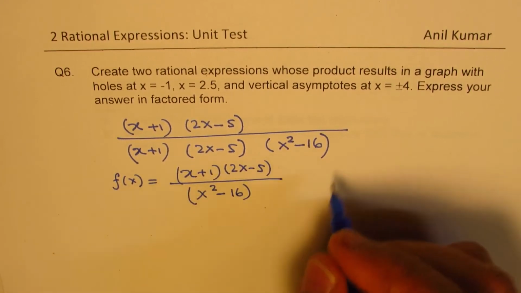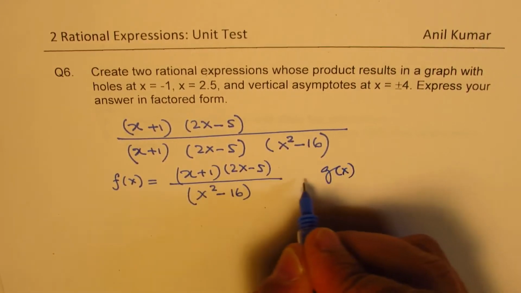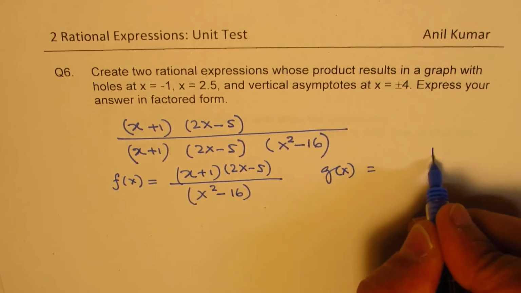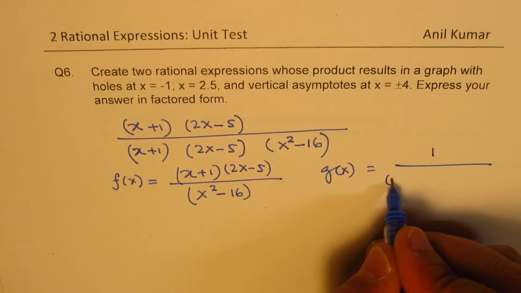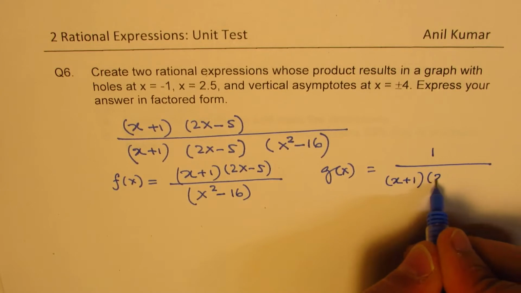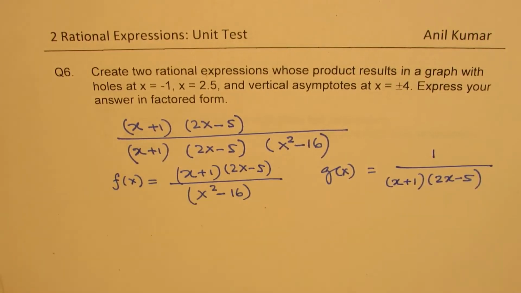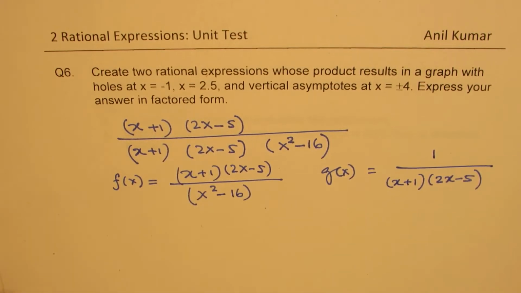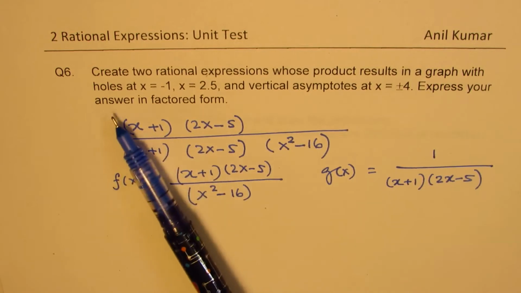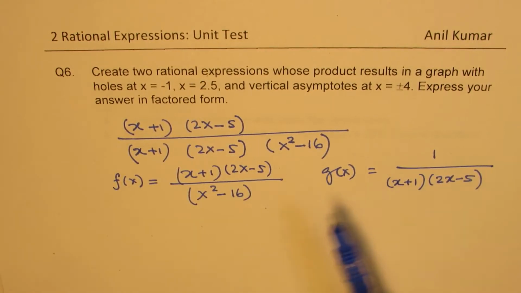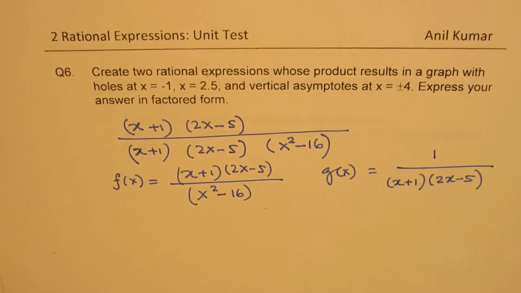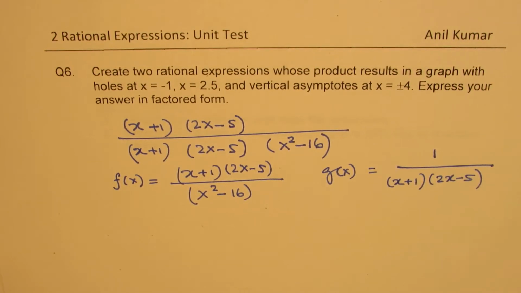The other function will be equal to 1 over (x plus 1)(2x minus 5). When you multiply, you get all this. Do you get the idea? And then the restrictions will be as shown here, and you also want to show the answer in factored form. That could be one of the options. Definitely, there is more than one option in this case. That is how you could explain and write your answer.